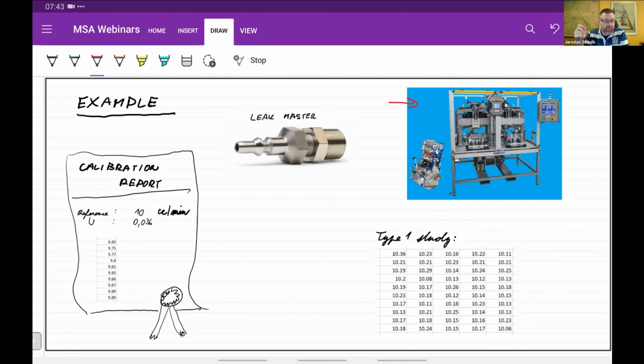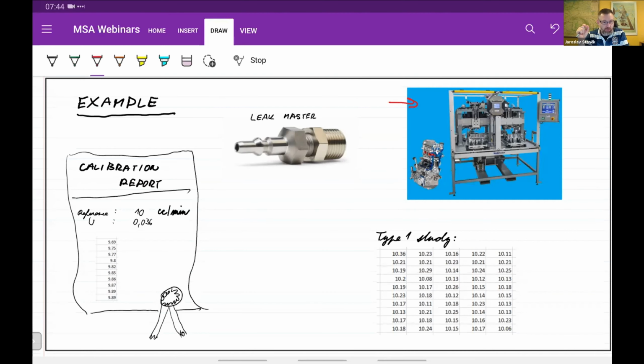They should be able to preserve that leak, and they are typically in the tens of cubic centimeters per minute. They usually go up to 100, and in special cases they can be manufactured with much smaller orifices, starting at approximately 0.1 cubic centimeters per minute.